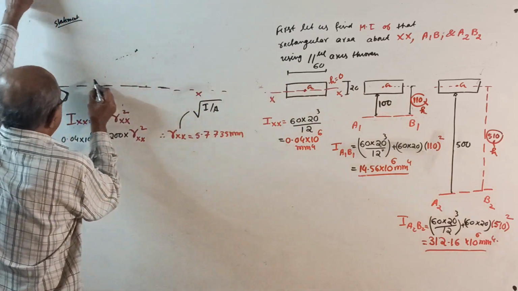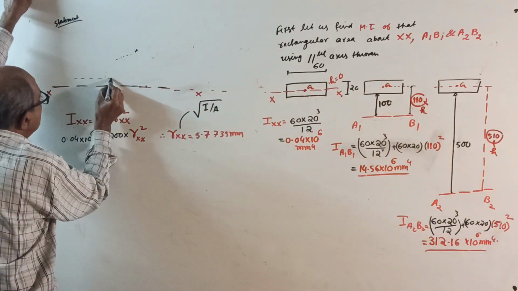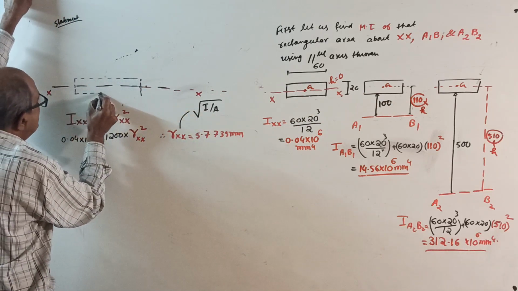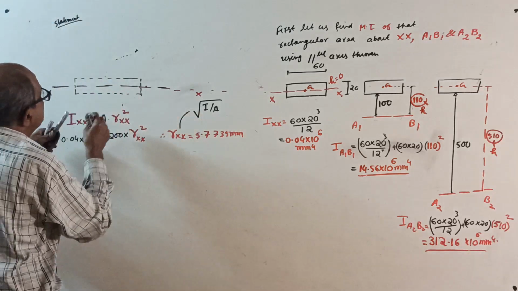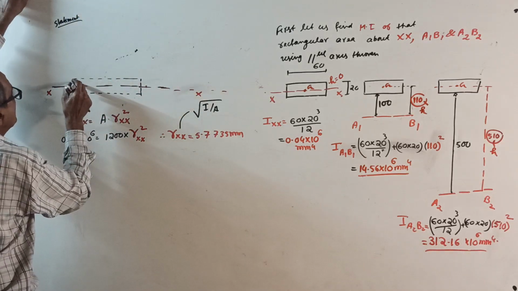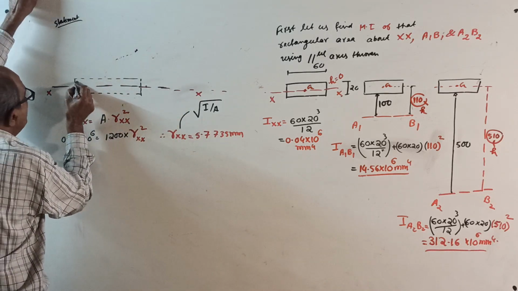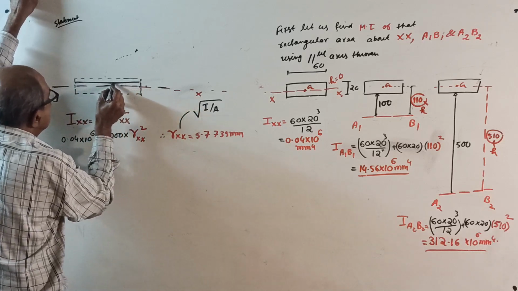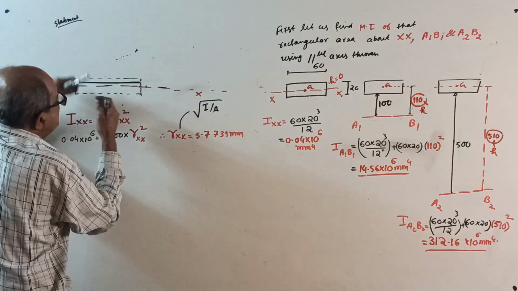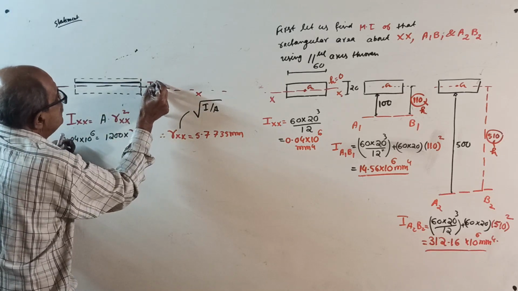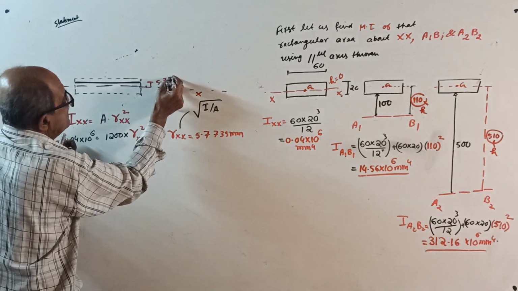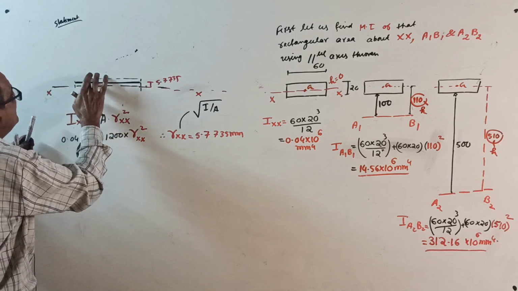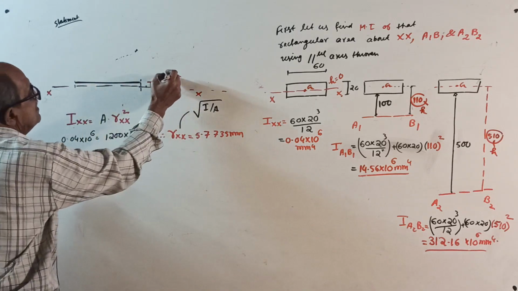If the rectangle is here, to get the radius of gyration you squeeze it somewhere here, at a distance of 5.7735 millimeter. This is the radius of gyration, r about xx.